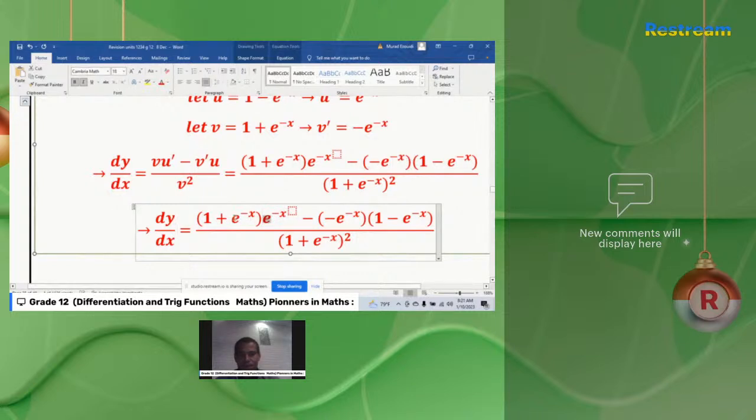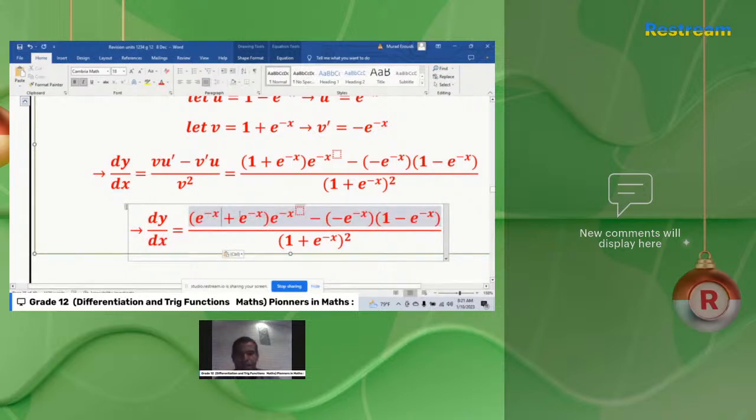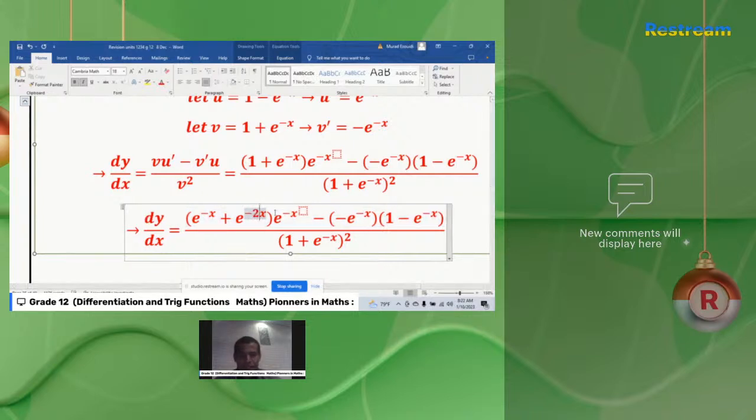It will be exponential of minus x. Okay, so I'll just write it here. Instead of writing 1, I will write exponential minus x. Then exponential minus x multiplied by exponential minus x gives exponential minus 2x.